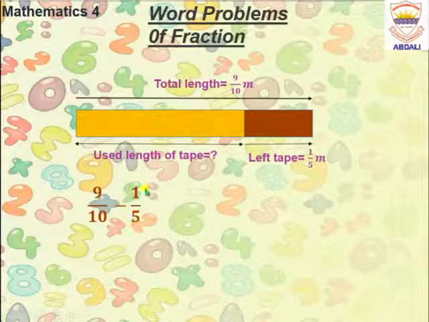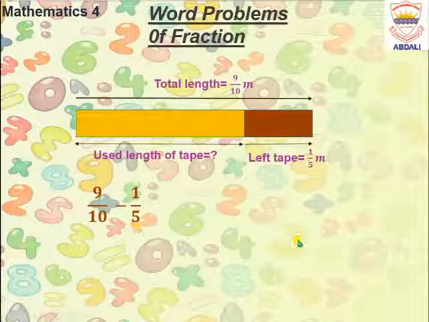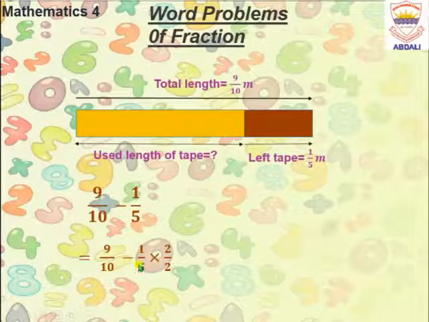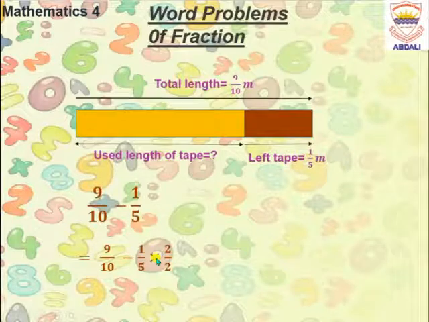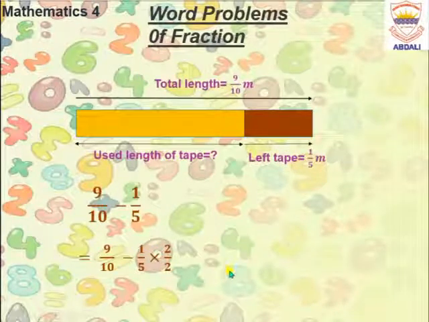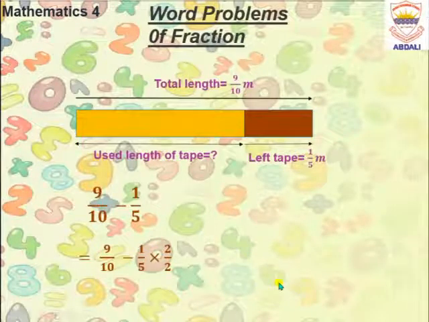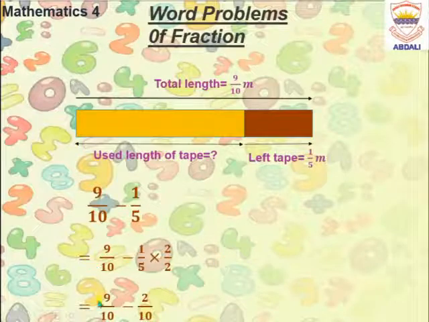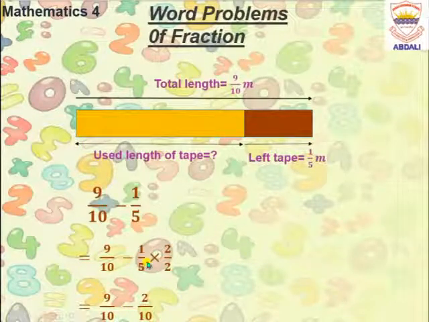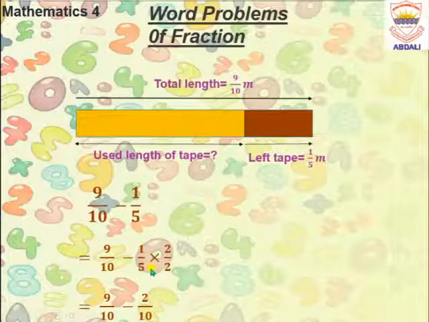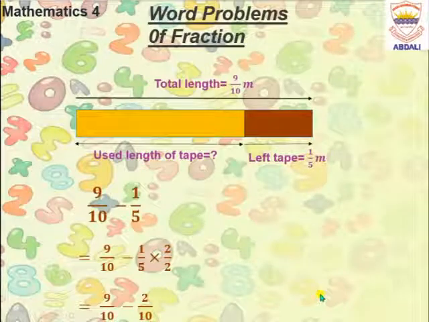It means I have to multiply this fraction by the number 2. After multiplication, I will get the fraction 9 by 10 minus 2 by 10, because 2 1s are 2, 2 5s are 10. So our first step is completed.